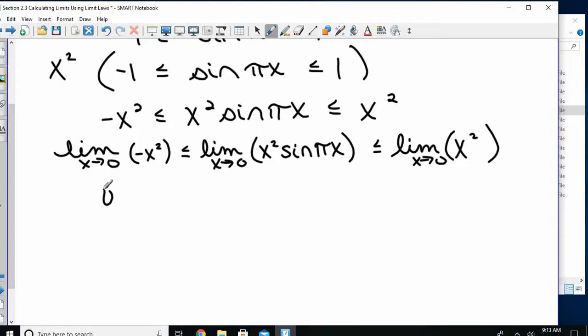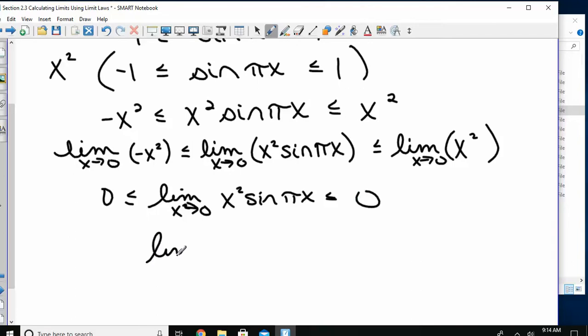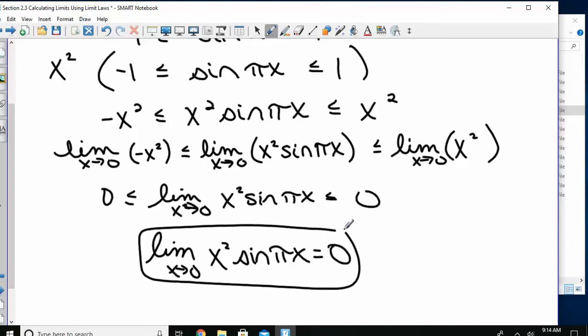This would be a 0. And that would be a 0, so we can say that overall the limit as x approaches 0 of x squared sine of pi x does in fact equal 0. Questions on that one?